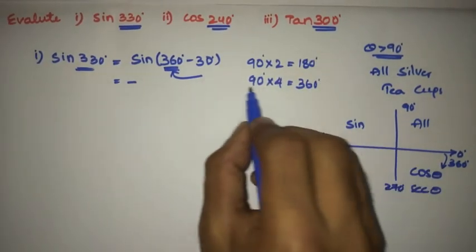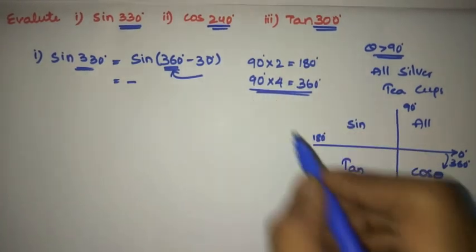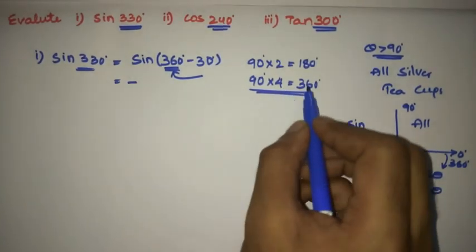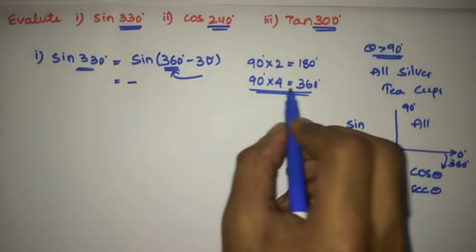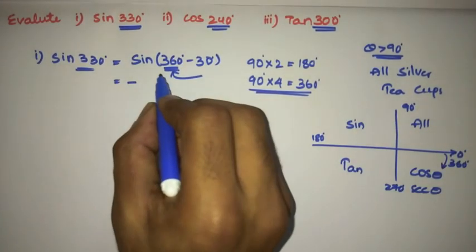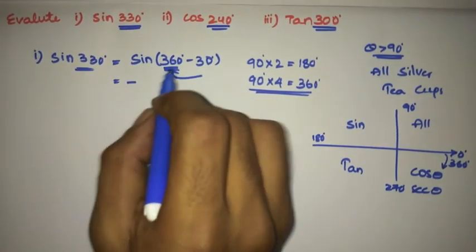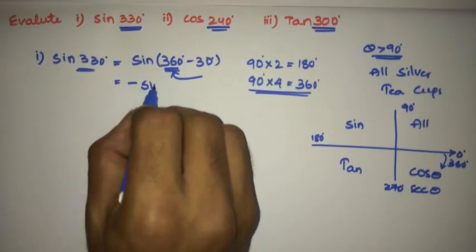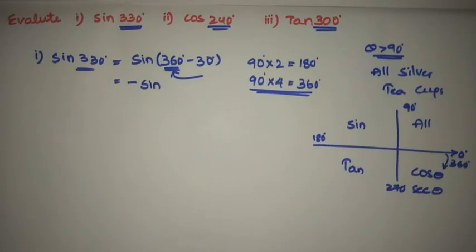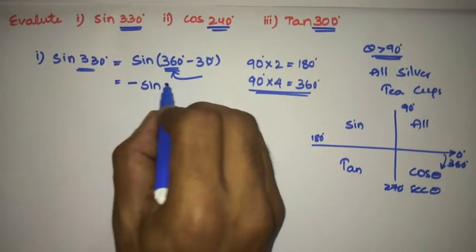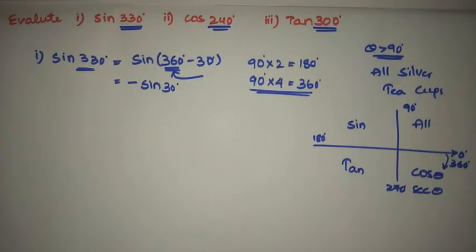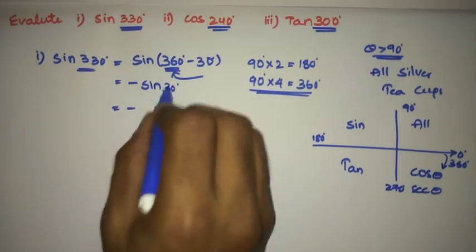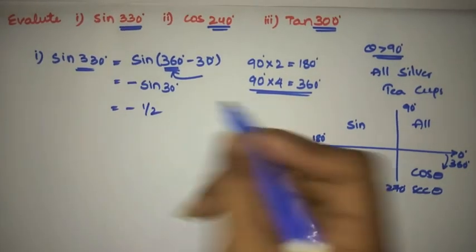So 360 is an even multiple of 90. Then we should not change the trigonometric ratio. Because we have sine here, we need to write the same sine. Next, whatever angle is there, we must write here. That means minus sin 30, which is nothing but 1 by 2.